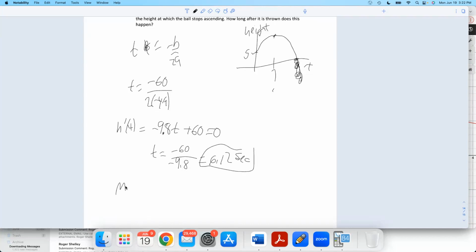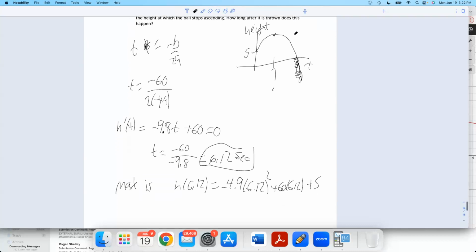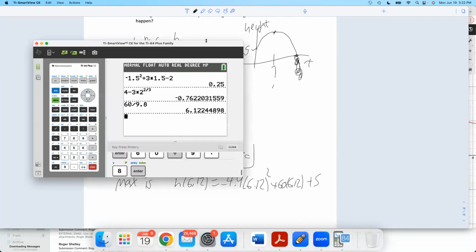The maximum height is what's the actual maximum height. We'd have to plug that in. H of that time. So negative 4.9 times t squared plus 60 times t plus the 5 right there. Here, I'll go ahead and plug that in.